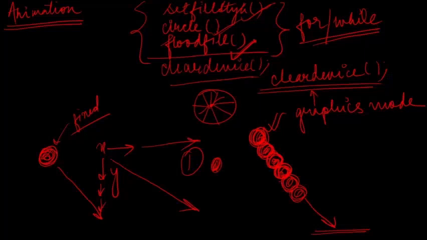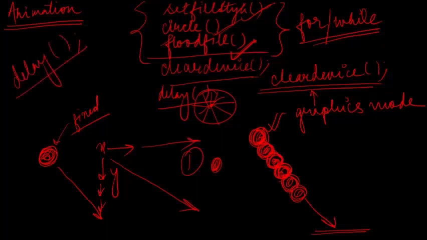But we all know that execution is very fast. The execution time is actually counted in milliseconds. So to delay that, we use another method known as delay. The delay method accepts the parameter time in milliseconds.